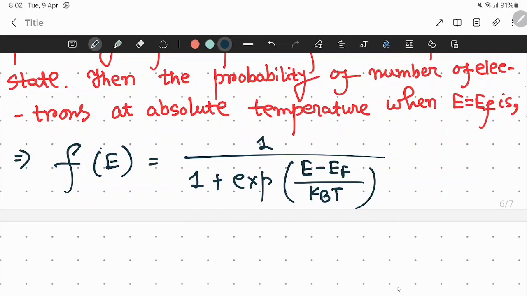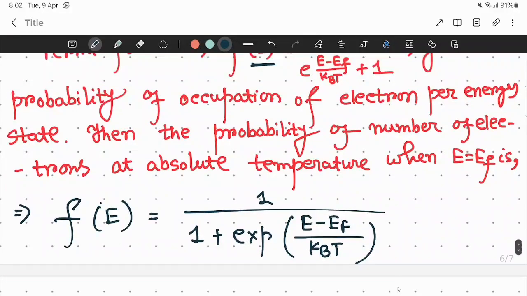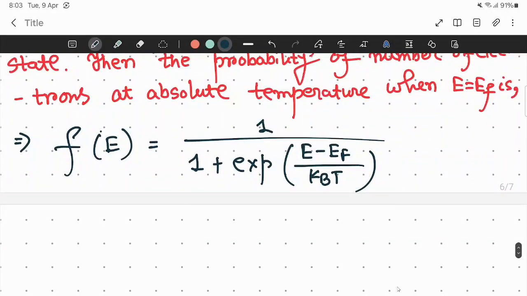It means the probability of the number of electrons in that particular energy level E. That means this is the probability of the occupancy, or the filling probability, you can say.